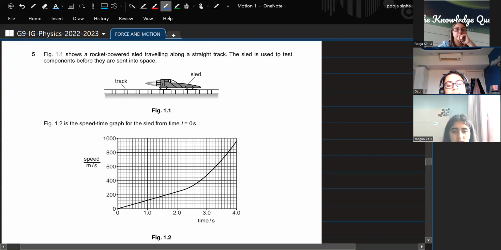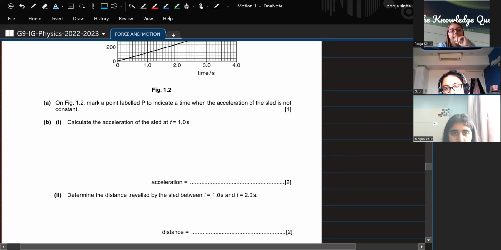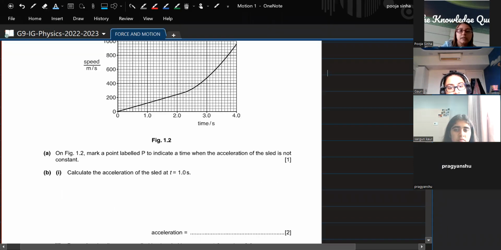Mark a point labeled P to indicate the time when the acceleration of the sled is not constant. Indicate a time when the acceleration is not constant.